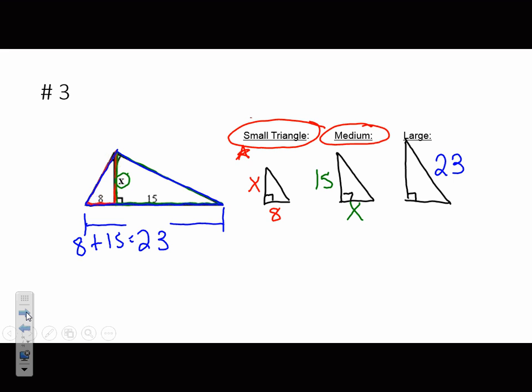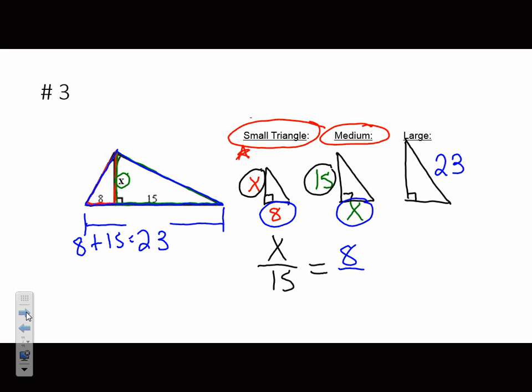So I'm going to start with x. x is in the same spot as 15 equals... Next one, I'm going to have x and 8 are on the same triangle. 8's in the same spot as x. So that's good. Now I'm just going to cross multiply.